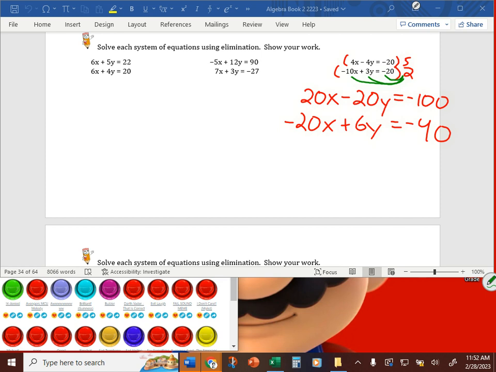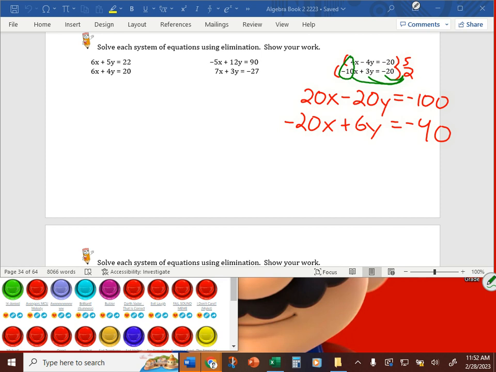I picked 2 because our goal was to get these x coefficients to be the same. And so starting out as a 4 and a 10, the least common multiple of 4 and 10 is 20. So I multiply the top equation by 5 to turn that 4x into a 20x, which means I multiply the bottom equation by 2 to turn that negative 10x into a negative 20x.